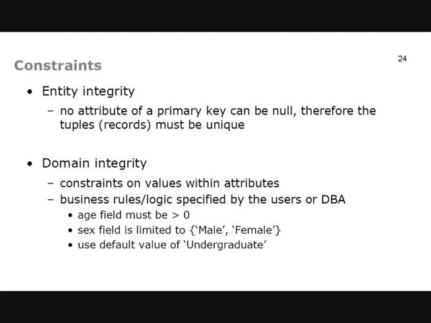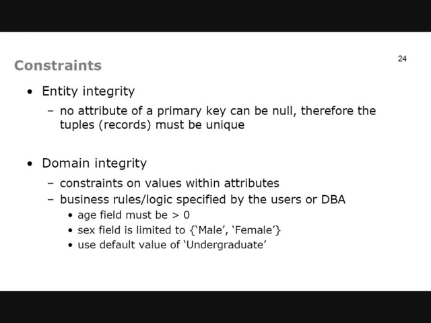Sex is also very easy to put a domain constraint on because it can only be male or female, so that is fair enough. We can sometimes use defaults to define a particular domain. For example, for students, we could say if we don't know what they are, we define undergraduate to be the default.